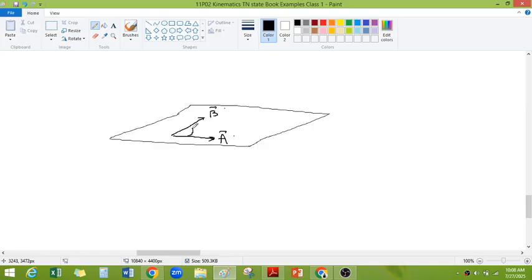So you have to apply your right hand thumb rule, so your folded fingers will be like this, and your thumb will be like this. And that thumb direction will show you A cross B.